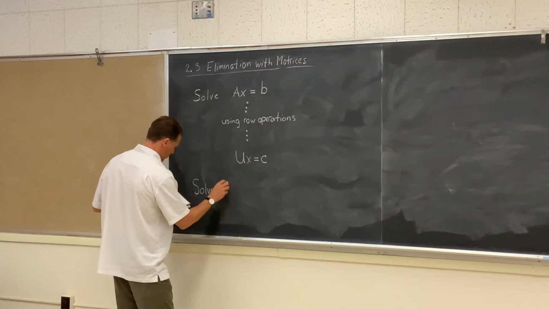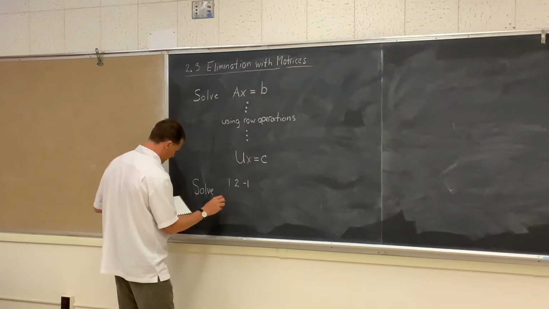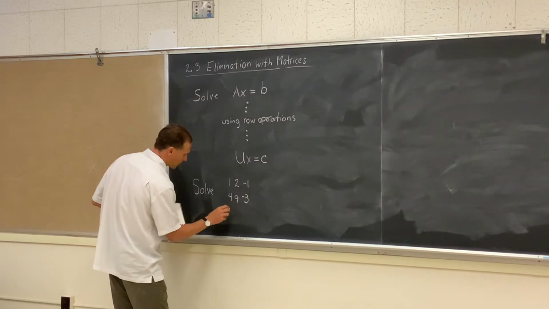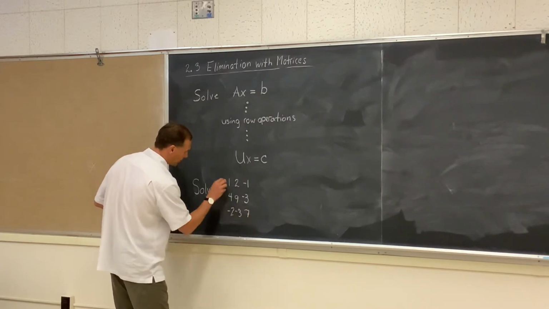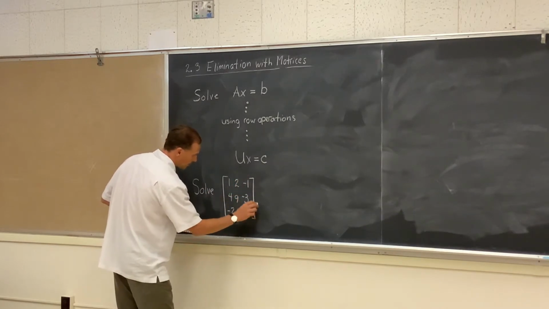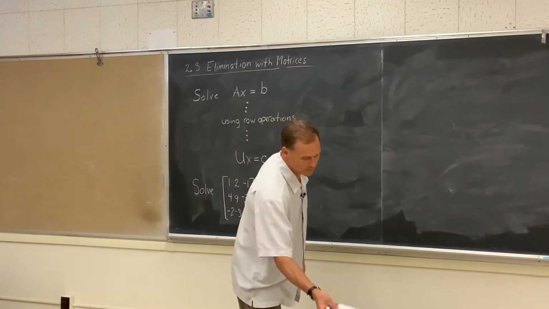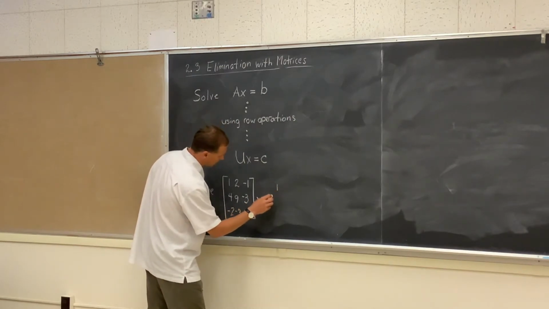The problem is 1, 2, minus 1, 4, 9, minus 3, minus 2, minus 3, 7. That's the matrix A, times some unknown vector x is going to give us the vector b. In this problem, it's going to be 1, 8, 10.